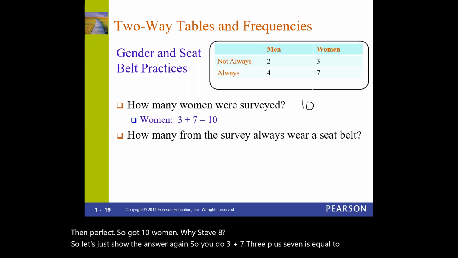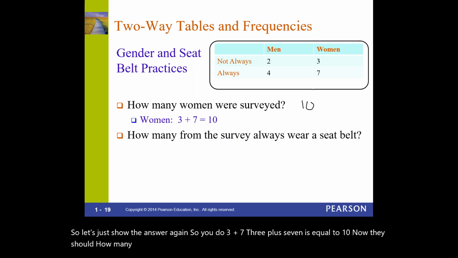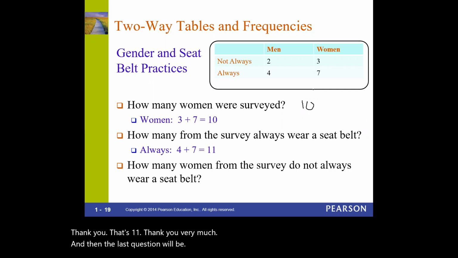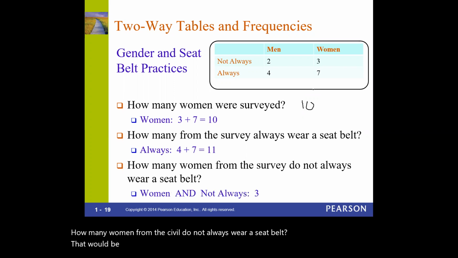Now how many from the survey always wear a seatbelt? Thank you. That's 11. Thank you very much. And then the last question would be, how many women from the survey do not always wear a seatbelt? That would be 3. Thank you. So that's what we call a two-way table.